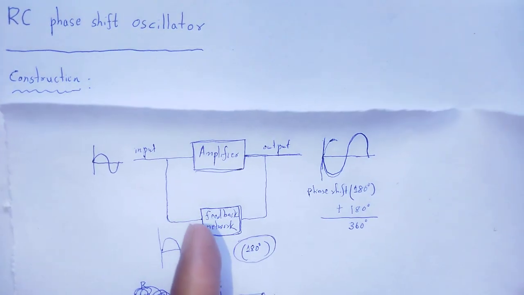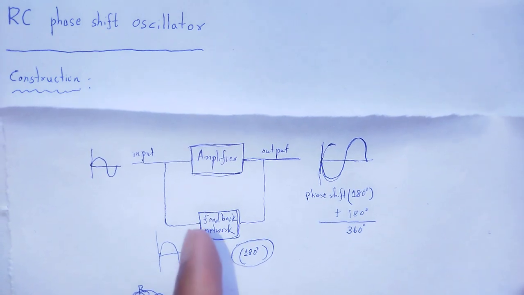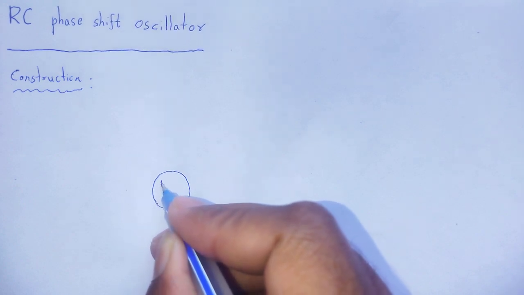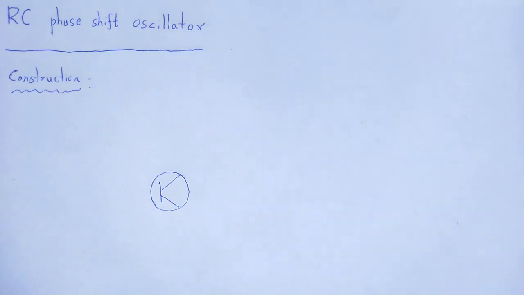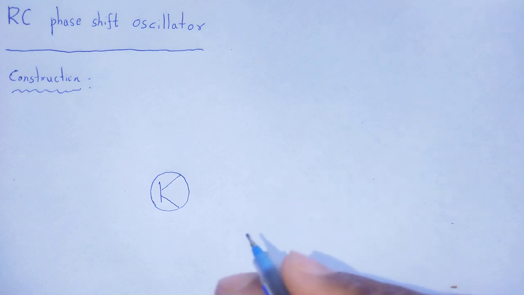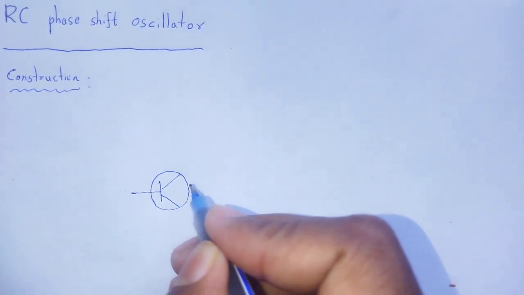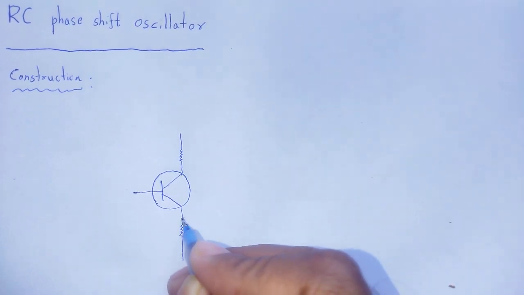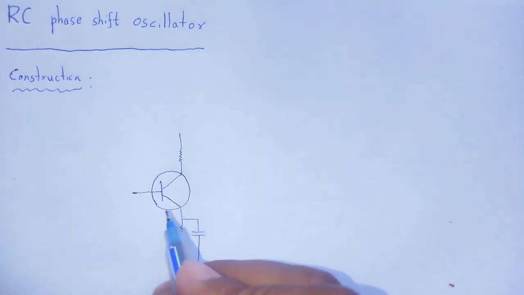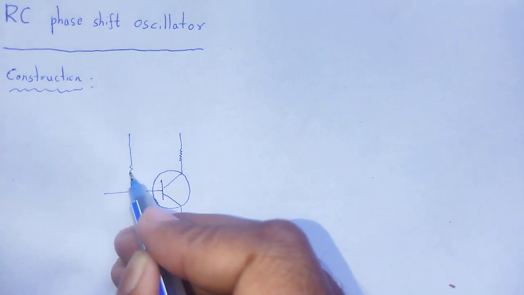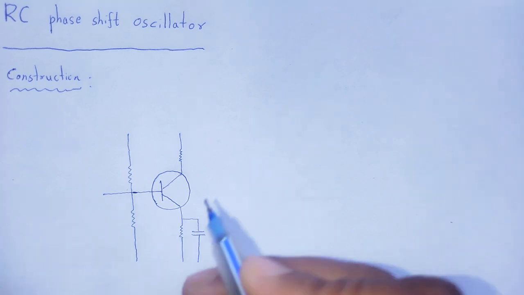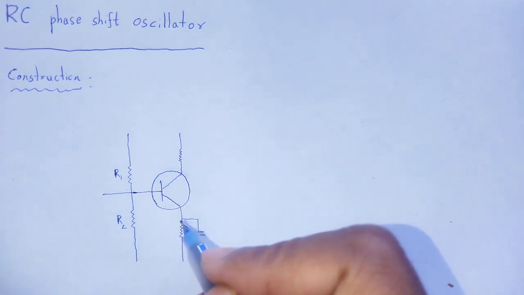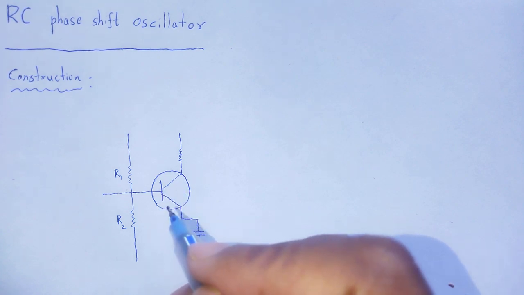First, a common emitter NPN transistor which acts as the amplifier. R1 and R2 act as a voltage divider bias in order to achieve proper biasing.